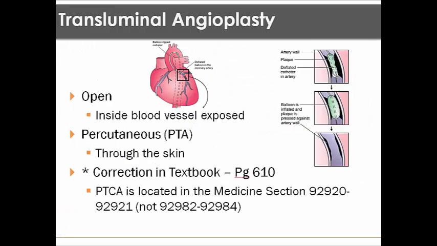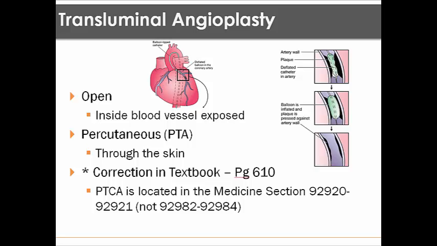Now percutaneous transluminal coronary angioplasty is a non-surgical procedure that involves inserting a small balloon catheter into an artery in the groin and advances the catheter up into the coronary artery. The balloon is then enlarged in the artery.